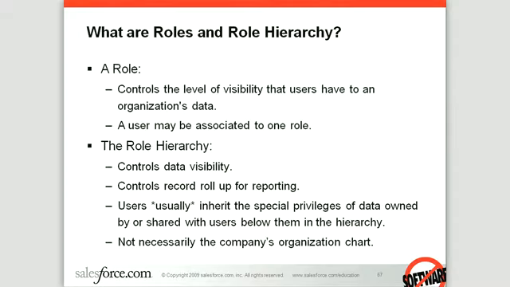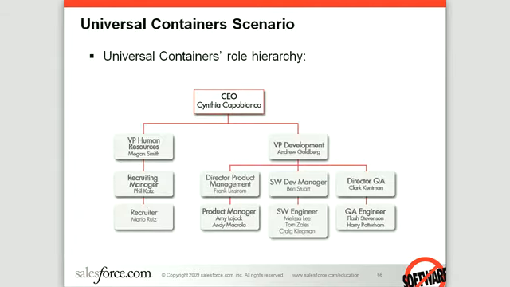So one of the things that you can do is you can assign a role to a user. And when you assign a role, that role has a position in the role hierarchy. So for instance, going back to here, the way that this works is that we'd identify a role hierarchy in a bunch of roles.